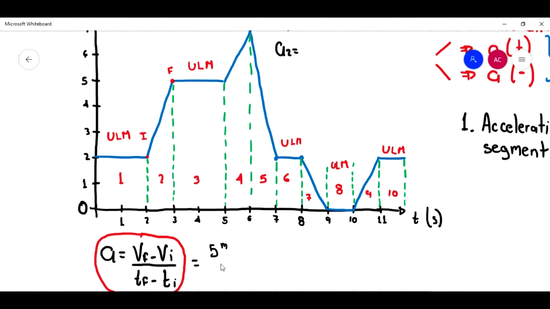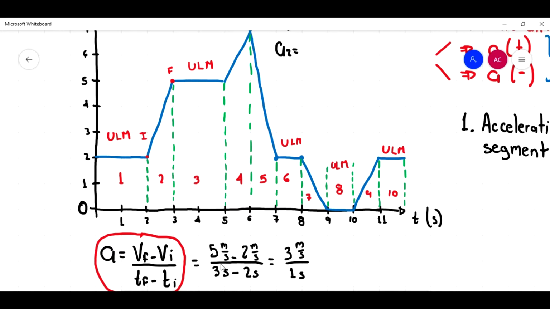So 5 meters per second minus 2 meters per second, because that's the value of the velocity in the initial point, over the value of the time in the final point, that is going to be 3 seconds, minus the value of the time here, which is 2 seconds. So this is going to be 5 minus 2, 3 meters per second over 1 second.